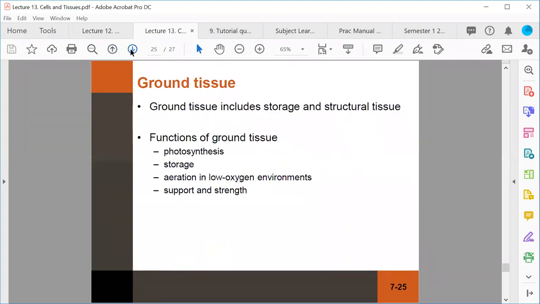All right, so that's our dermal tissue. Now let's move on to tissue type number 2, ground tissue. Ground tissue includes storage tissue, structural tissue, but of course, most importantly, it includes a tissue involved in photosynthesis.